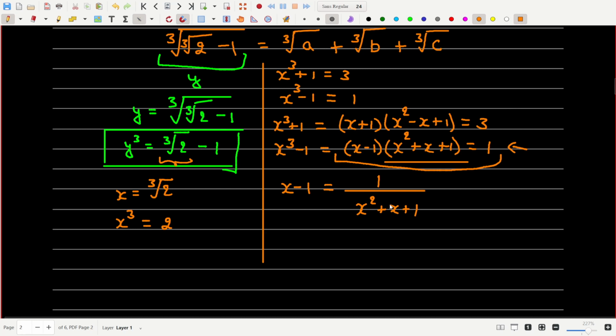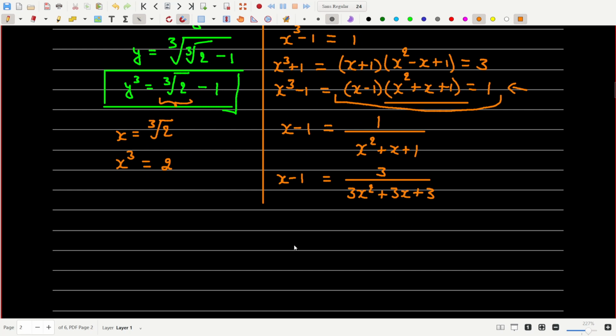Now let us multiply and divide the right hand side by 3. So in the numerator I'll get 3 and the denominator will be 3x square plus 3x plus 3. Now this is very interesting.